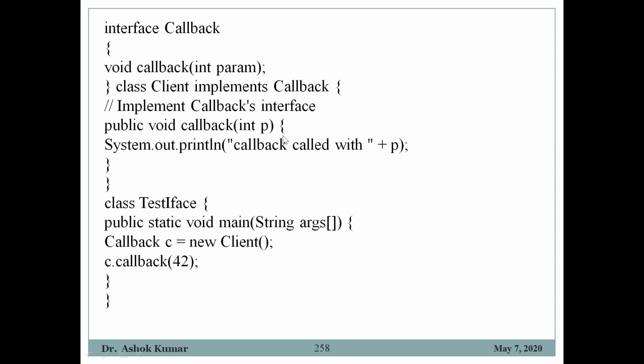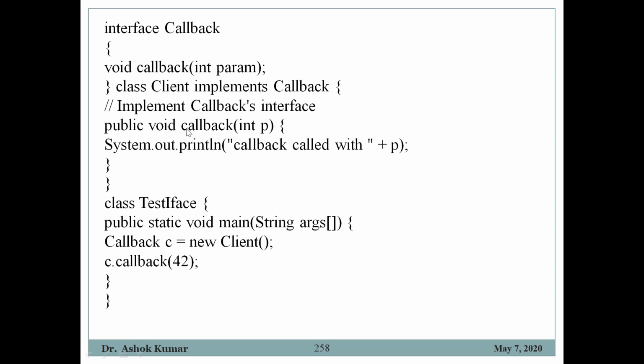Then within the braces of this class, or within the body of the class, you have to define all the methods of the interface. As there is only one method, callback, your class Client should implement the definition of the callback. So here we are implementing the callback.